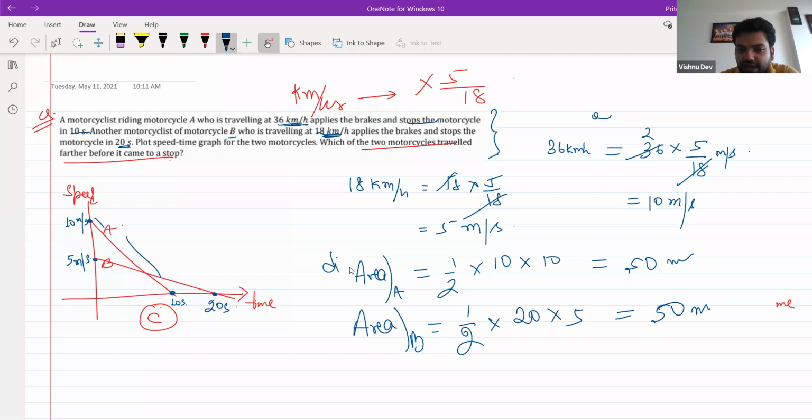Distance traveled by A as well as distance traveled by B, we are getting the same. So both will travel the same distance before coming to a halt or stop. Right? Is this clear, how we made use of the graph?